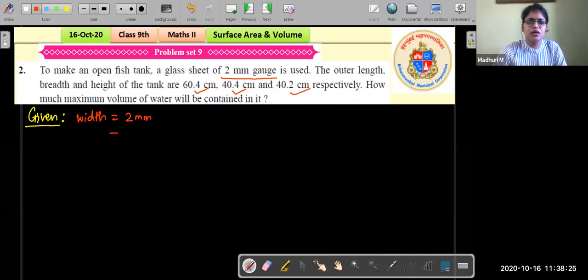Now remember to convert, because other units are in centimeters. We know that 1 centimeter is equal to 10 millimeter.